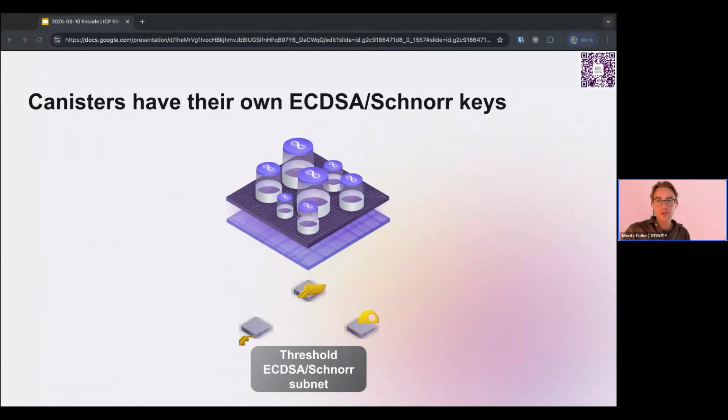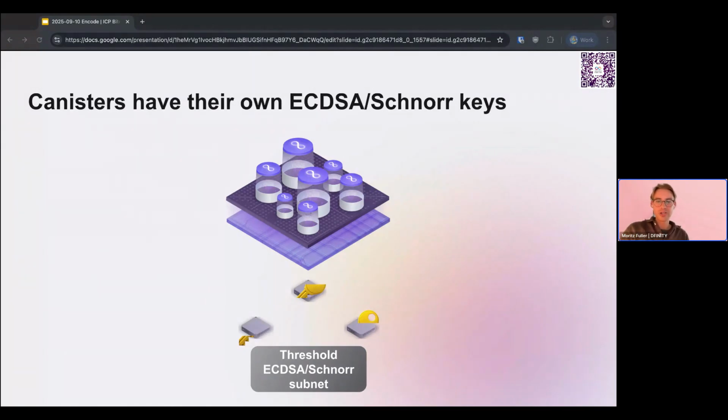And from this key pair, basically every canister has a so-called canister master key. And from this key, you can derive an unlimited number of keys. So it's not like a single smart contract on the internet computer has a single key and therefore a single Bitcoin address. No, they can control a vast amount of Bitcoin public keys and therefore addresses.